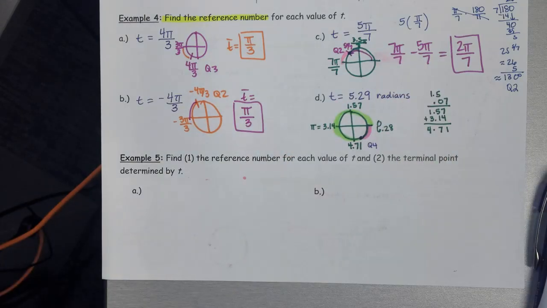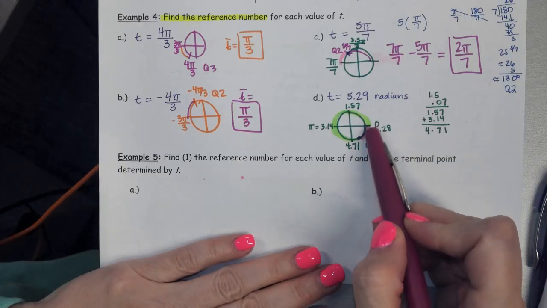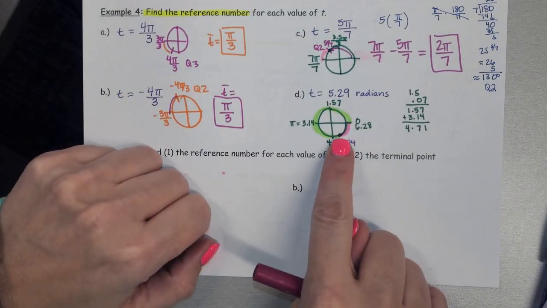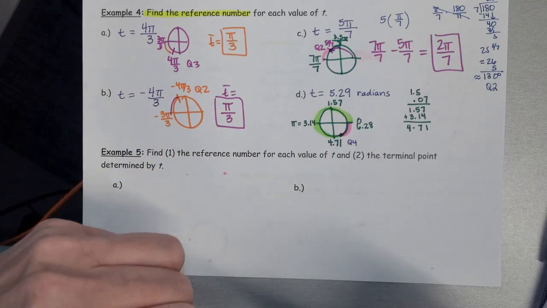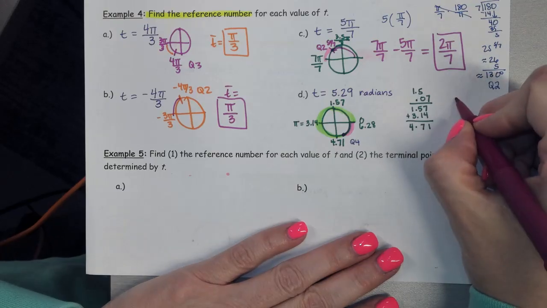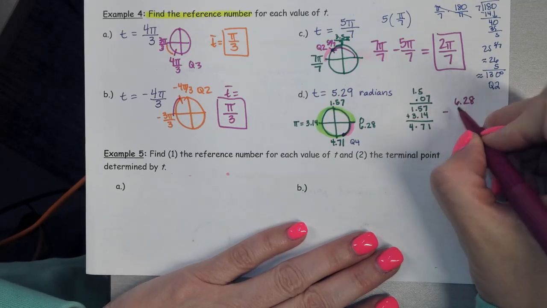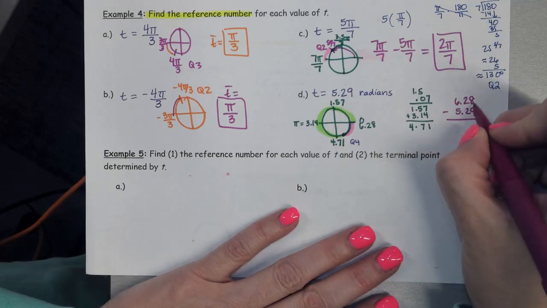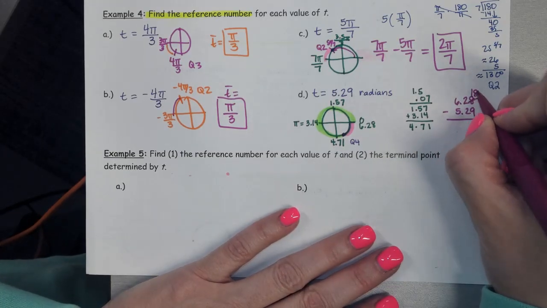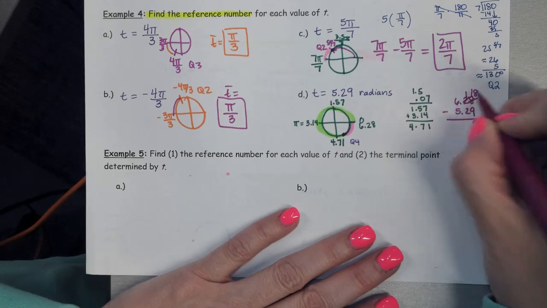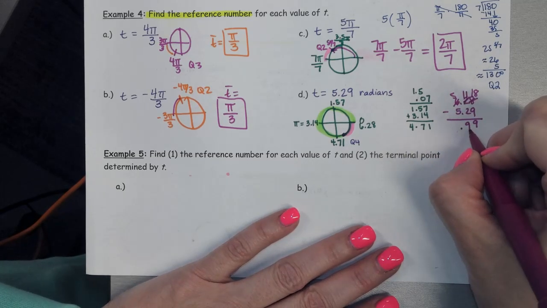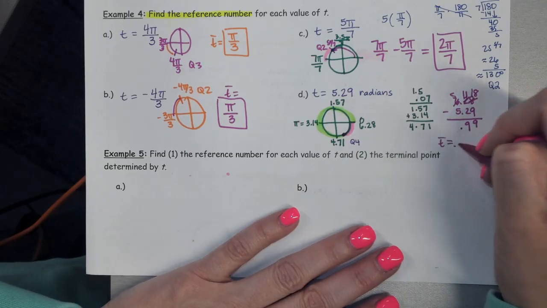So how can you find this highlighted region in pink? Subtract from 6.28 minus 5.29. If it doesn't have enough, you borrow. So 18 minus 9 is 9. Not enough, so you borrow. 11 minus 2 is 9. So your t value is 0.99.